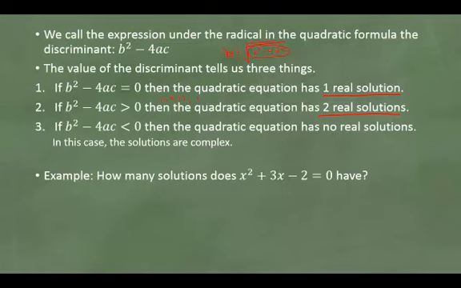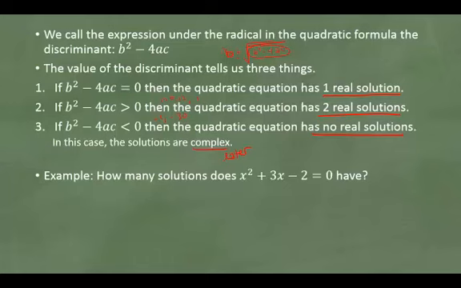If it is less than 0, so something like negative 1, negative 30, anything that's negative, then there are no real solutions. We'll have something called complex solutions that we'll talk about later. 0 means one solution. Bigger than 0 means two solutions. Less than 0, no real solutions.